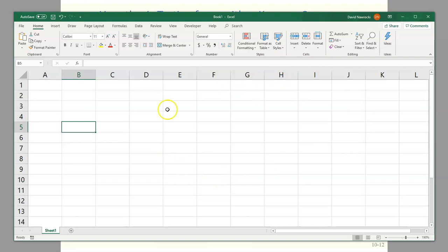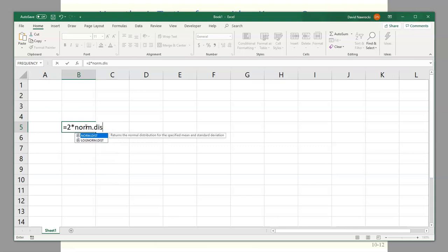Now here we have an Excel spreadsheet. Just pick a cell somewhere, like right here, and the command is equals 2 times norm.dist. Now you want negative the absolute value of your test statistic, so negative 1.547.